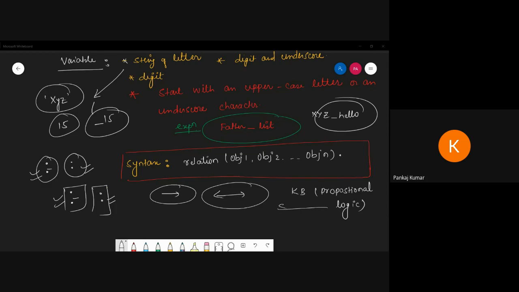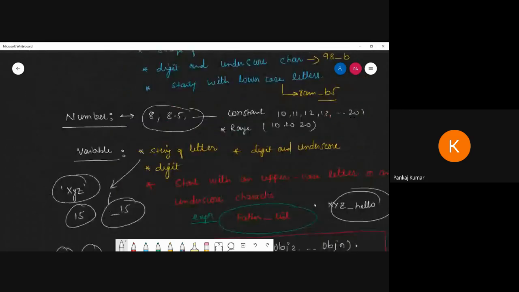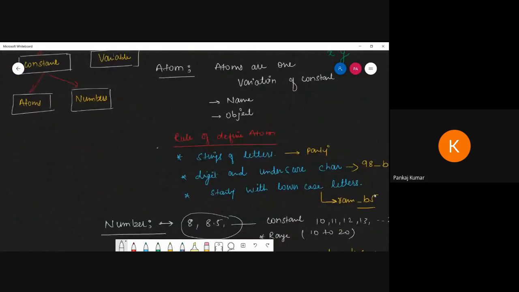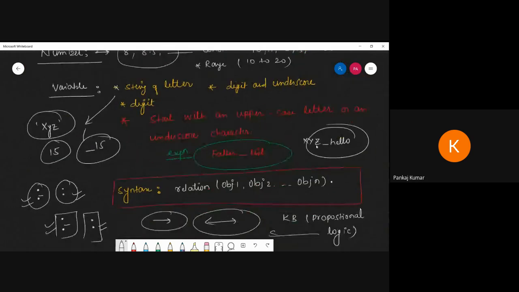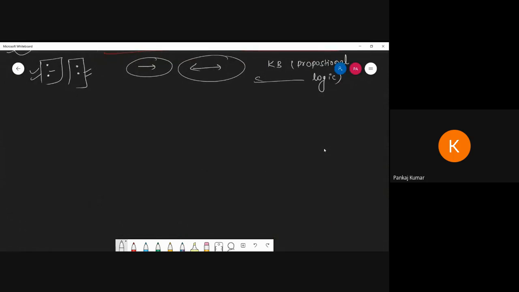Suppose I am talking about the comparison operators. It may be greater than, less than, greater than or equal to, or x and y values being equal. How to write all these things? Now see some examples.